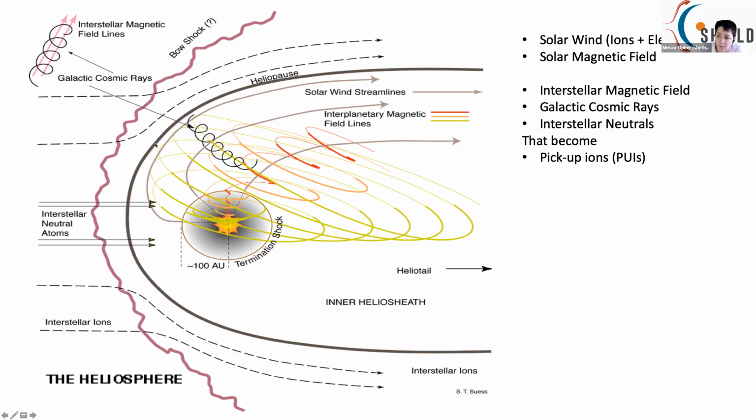The other interesting component is the interstellar neutrals. By interstellar neutrals, we're talking mostly about hydrogen. There's some helium, but mostly it's just hydrogen. Interstellar neutral particles are not attached to the magnetic field, and they can stream unimpeded by those boundaries.